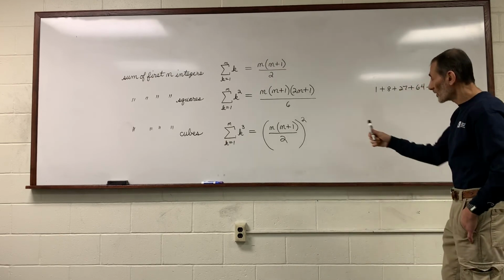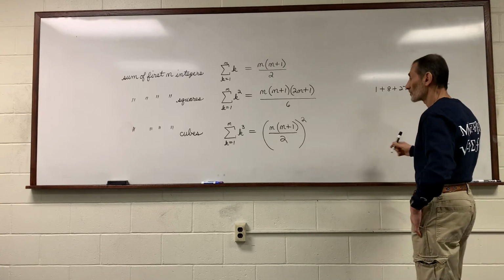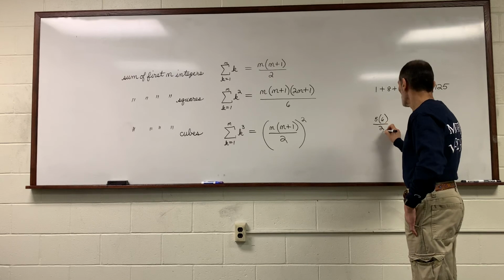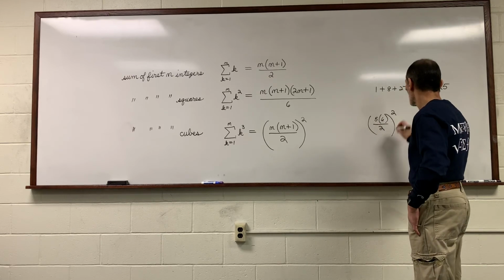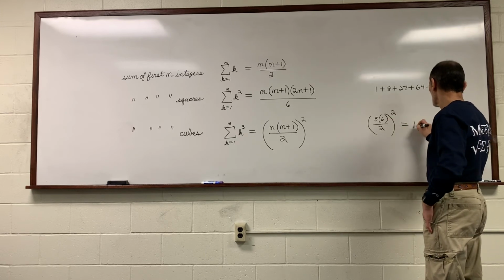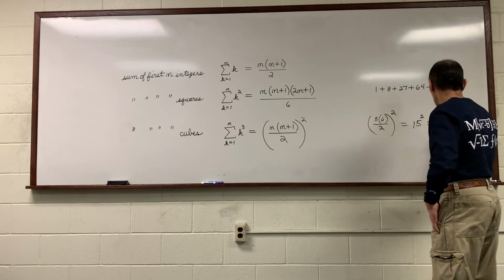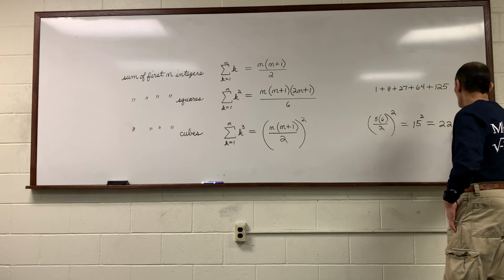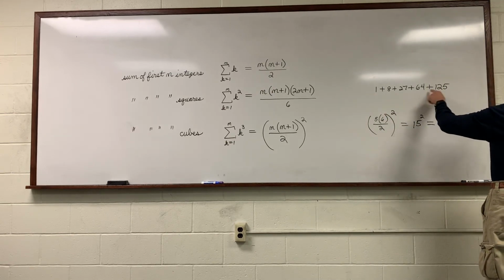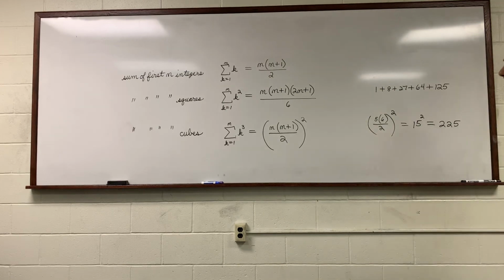All right? According to our rule, that's the first 5, that should be 5 times 6 divided by 2 all squared. Well, that's 30 divided by 2 is 15 squared is 225. Those should add up to 225. 1, 9, 36, 100, 225.